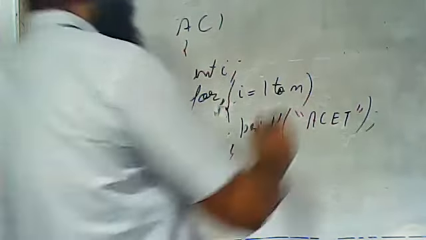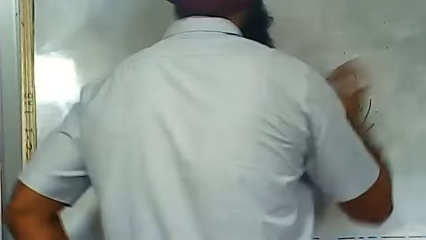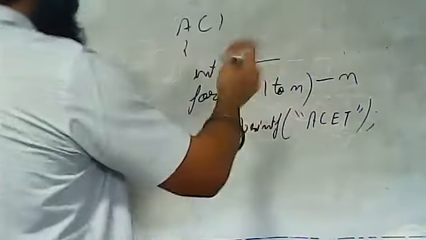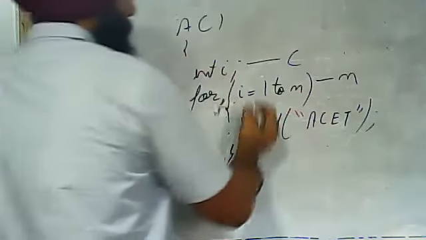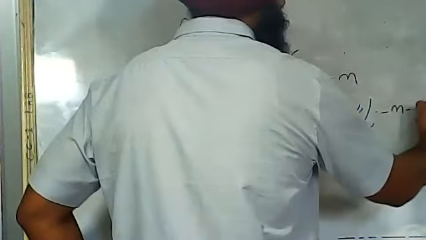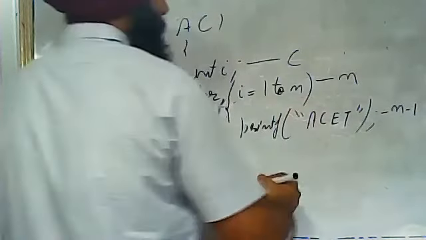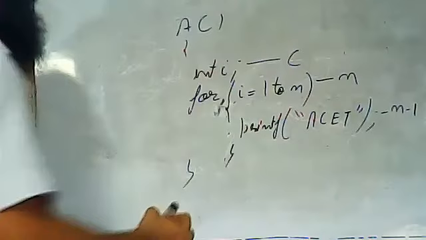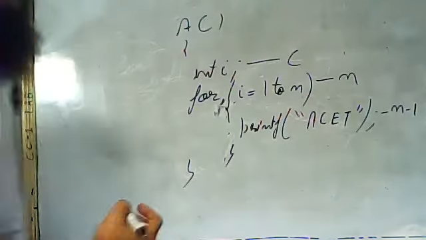So how many times is the loop getting executed? This is n times, and to assign a variable to one, it will take some constant time. Let's say c. Anything inside the loop will get executed n minus 1 times, and to print something, it will take c time, some constant time, which I'll tell you later at the end of this lecture.